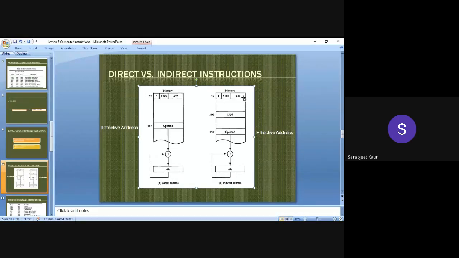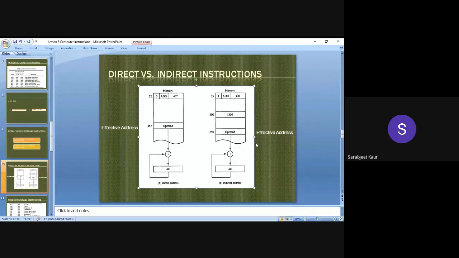In that case, this address should not be treated as the effective address. This should be treated as the address of the effective address. So how many memory accesses will I have to perform now? 2. First to this location 300 where I will get the effective address. Second to the location 1350 where I will get my operand.